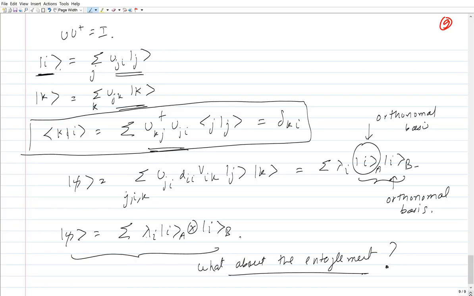Well, just imagine if in this Schmidt decomposition, I have only lambda 1, for example, non-zero, and the rest of the lambdas are 0. Let me assume that i goes from 1 to the dimension d.